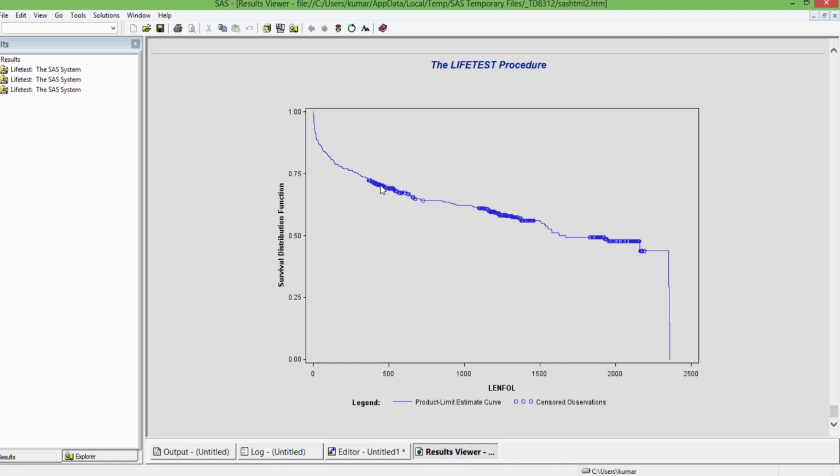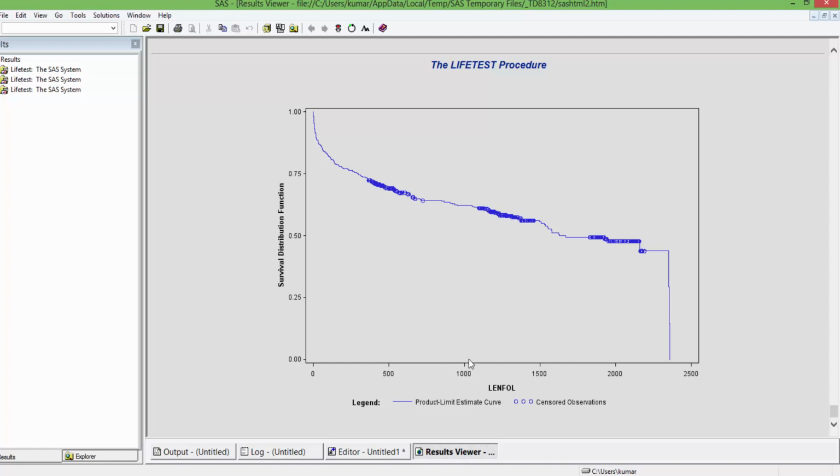Only 75% are remaining. How do we interpret this? Beyond the 500th day, the probability that a patient is going to survive is 0.75.